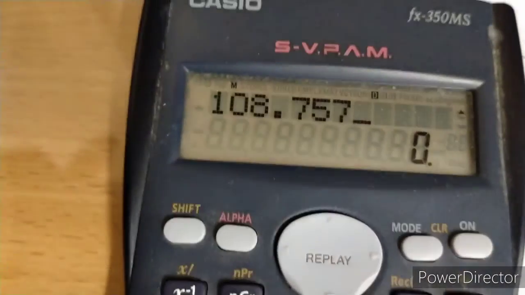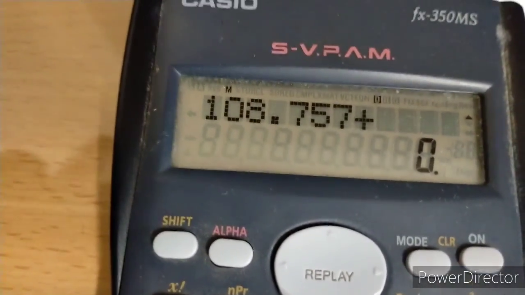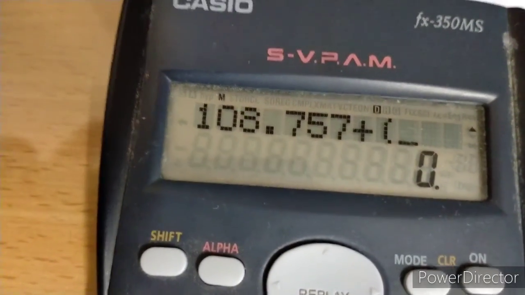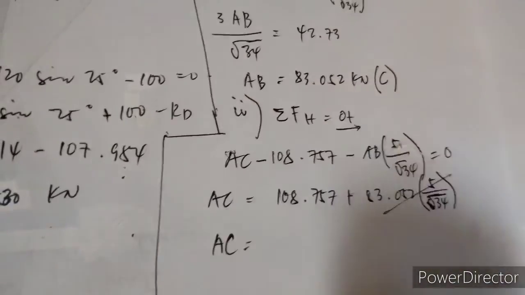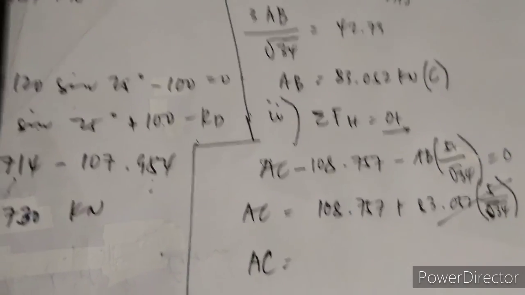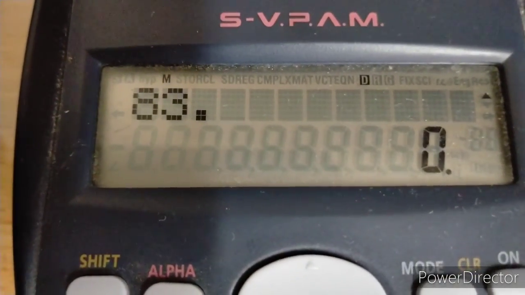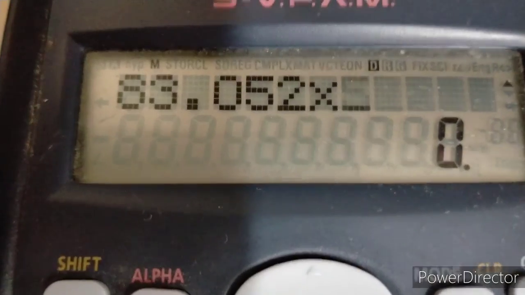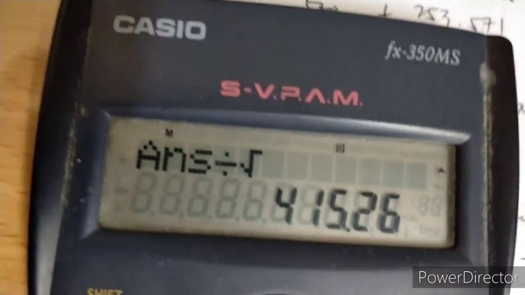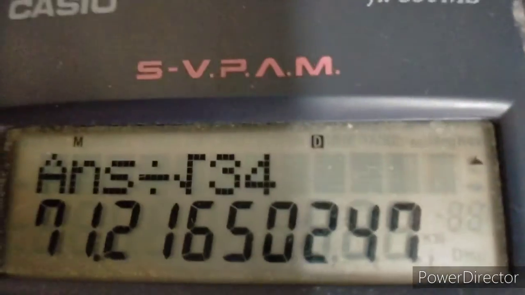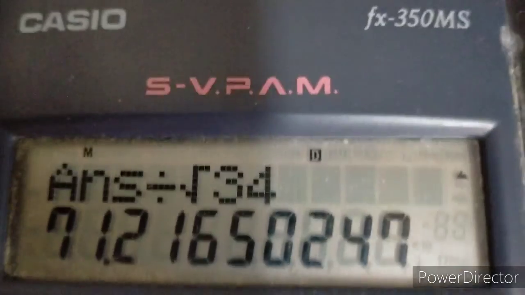Let me simplify this first: 83.052 times 5 divided by square root of 34 is 71.217.